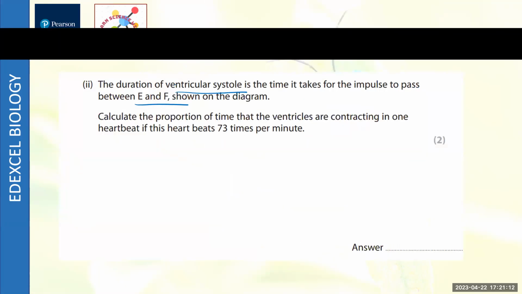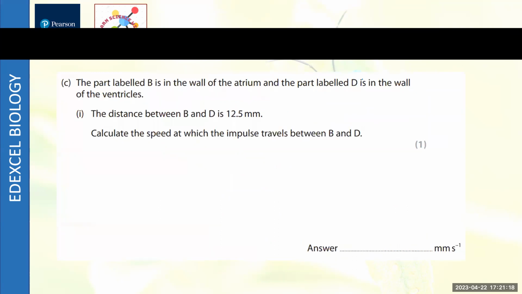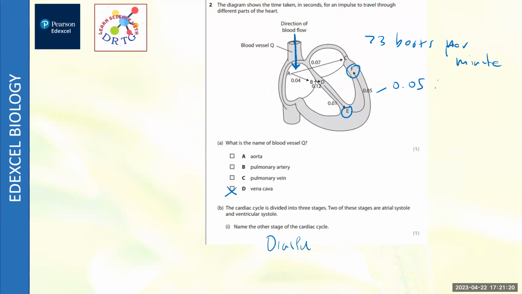So this should be seconds then, right? It's not mentioned. The duration of ventricular systole, time taken for the impulse to pass between E and F. So time taken should be given in seconds then. 0.05 second taken for one ventricular systole.